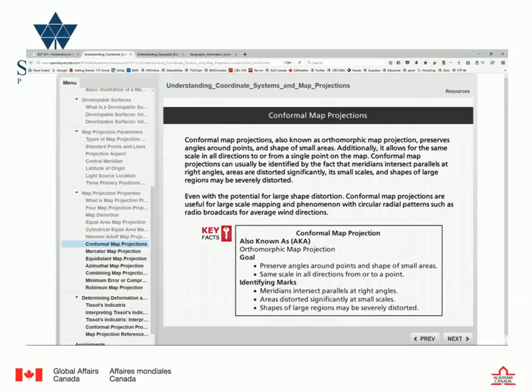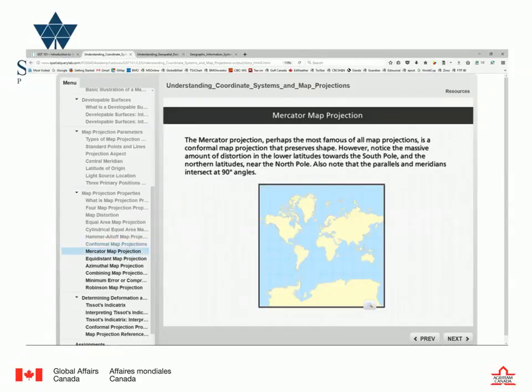Preserves angles around points and shape of small areas. So the goal is to preserve angles around points and shapes of small areas, same scale in all directions from or to a point. This is what happens with the projection. So this is called the Mercator projection. This is probably the most famous projection. Keeps the latitude and longitude perpendicular.